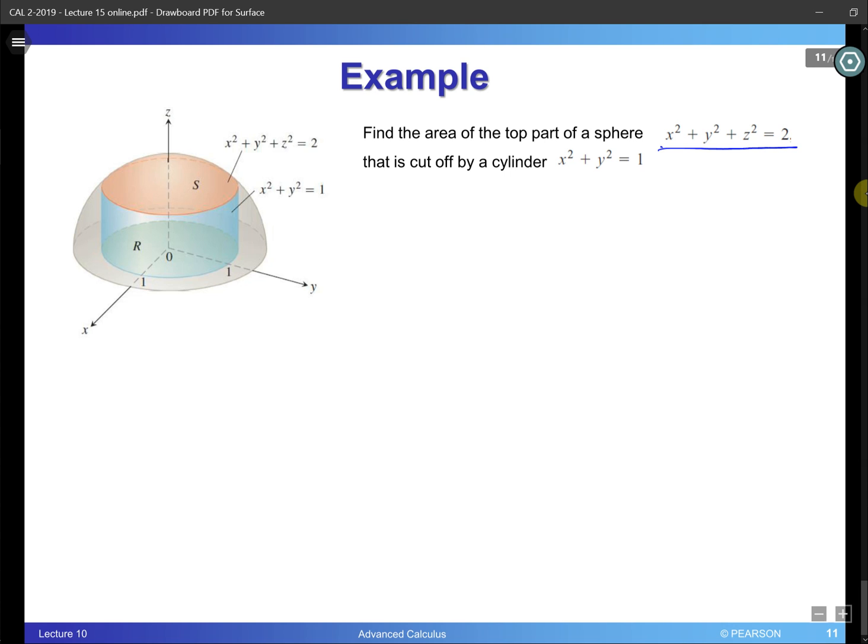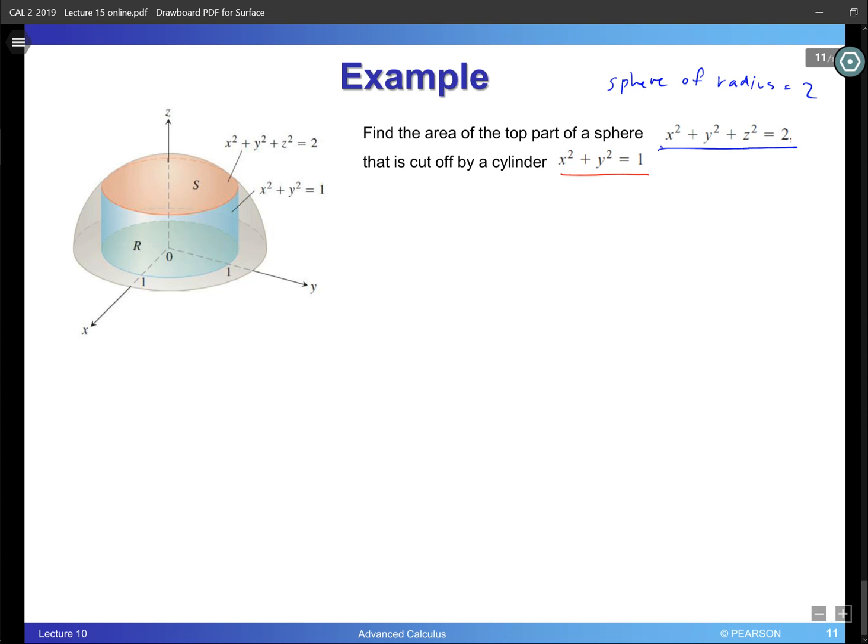So as you can see here, this is a sphere of radius equal to 2, right? And then we didn't just want to find the surface of the whole sphere. We just want to find the surface of just part of it. And this part is cut off by a cylinder of x squared plus y squared equal to 1.